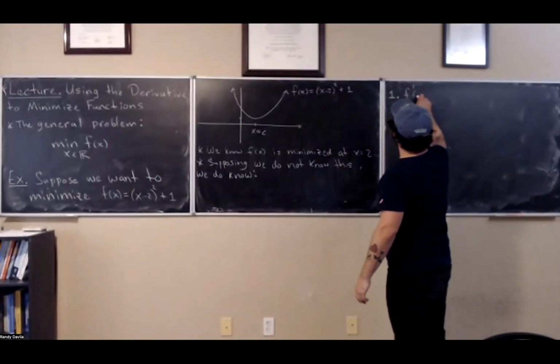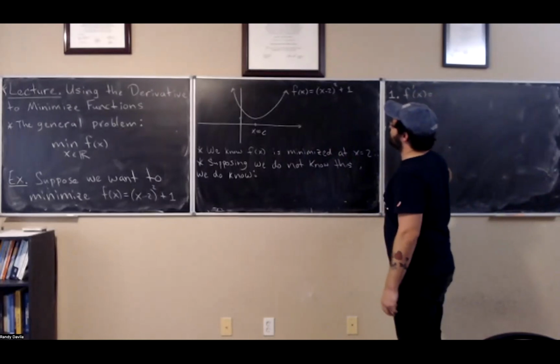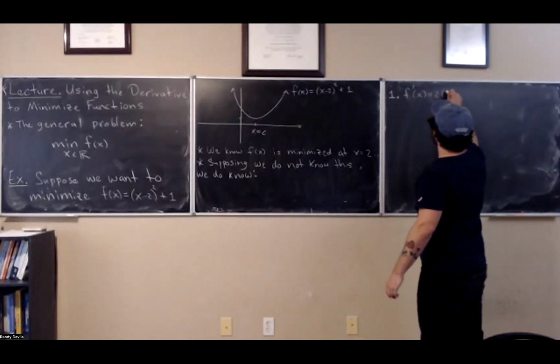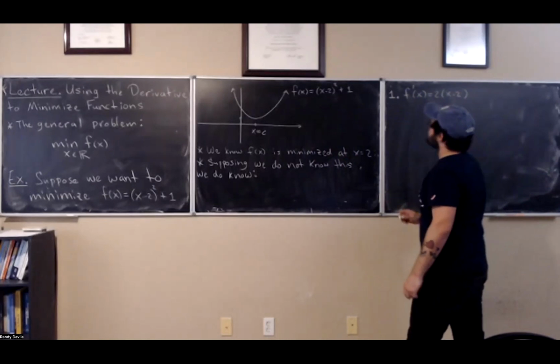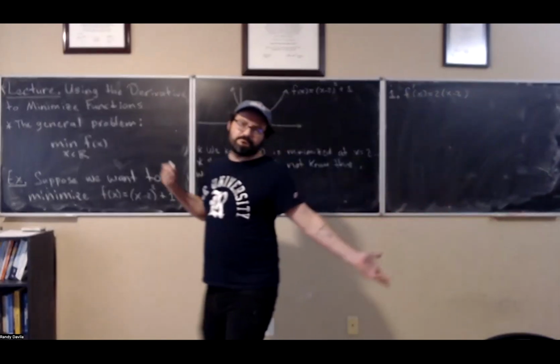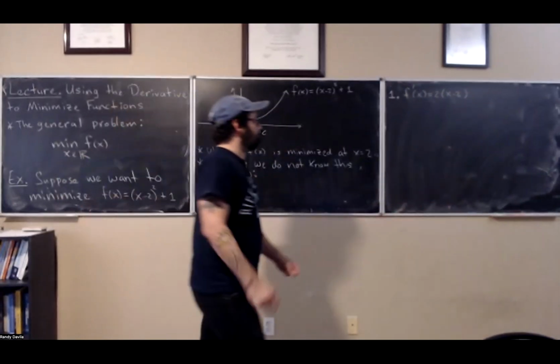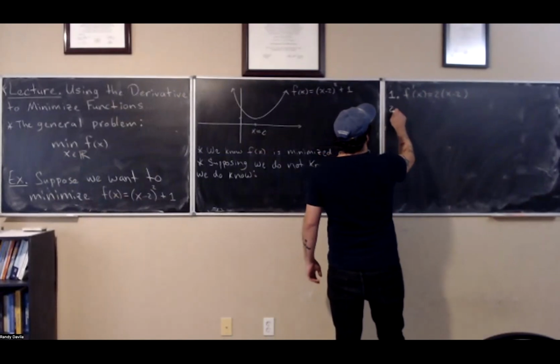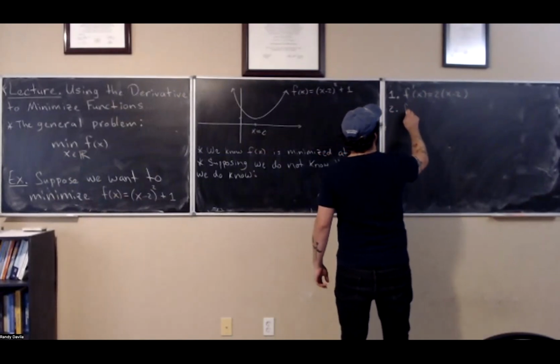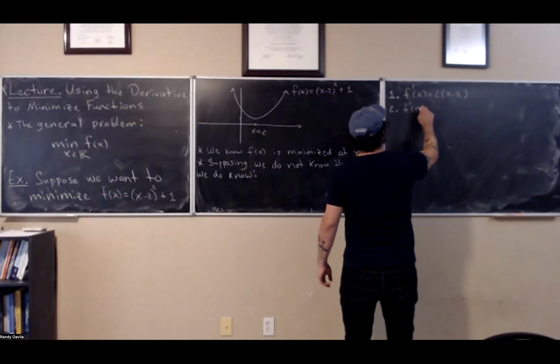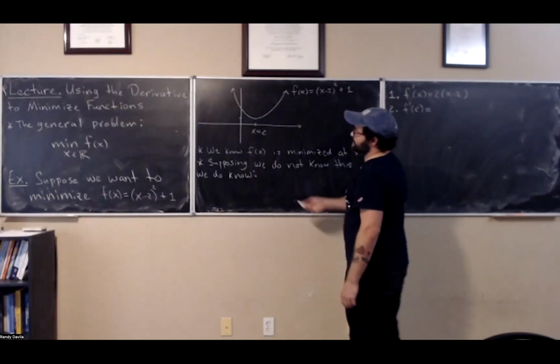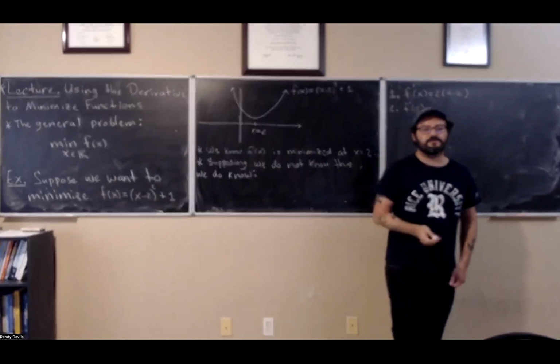So f prime of x, if you've been on top of the homework, you'll know that this is 2 times x minus 2. We can somehow evaluate it. What is f prime of c? What's the value of the derivative at x equals to c?